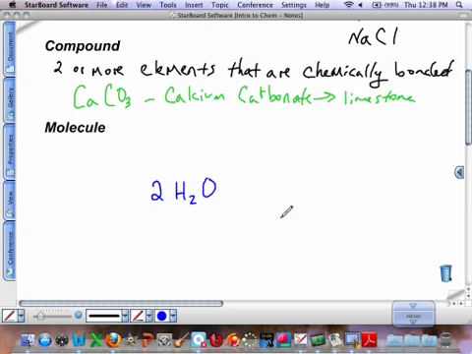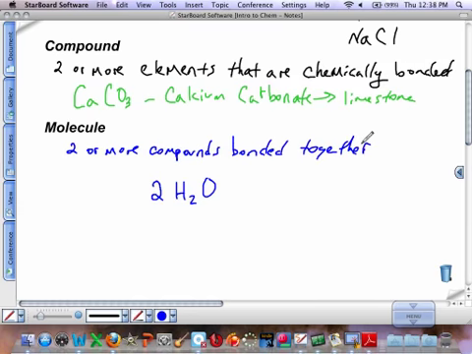Now why is that important? Well, because in its very basic definition, all a molecule is, is two or more compounds bonded together.